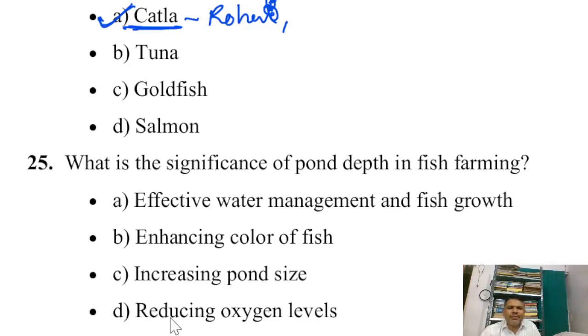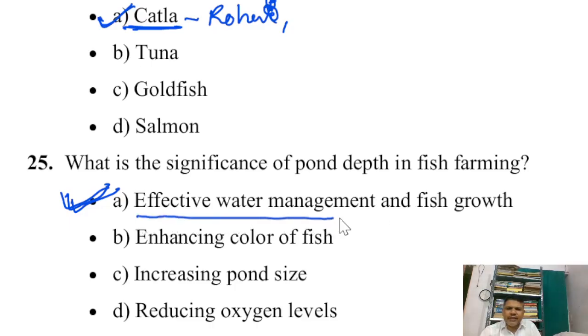Pond depth is important for effective water management and fish growth. So the most appropriate option is effective water management and fish growth.